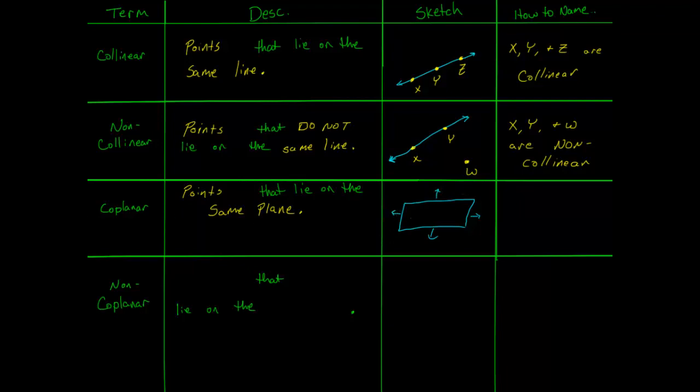There's a plane. I'm going to put my points, in which it really doesn't matter what points we use. Q, R, and S. Whenever we talk about this, we're going to say Q, R, and S are coplanar.